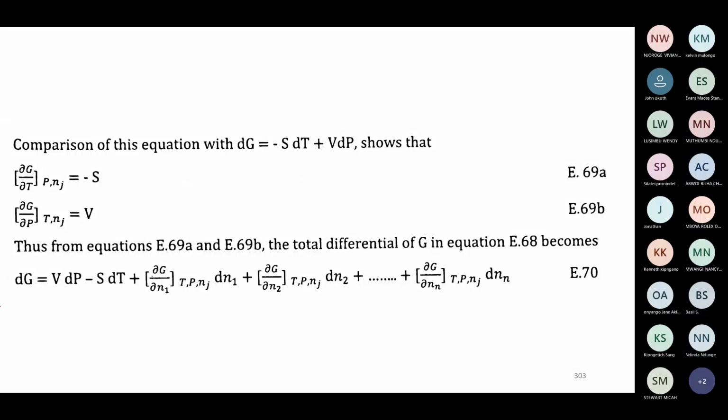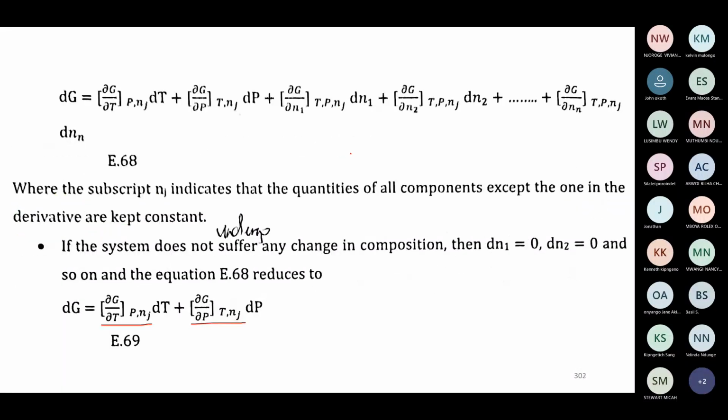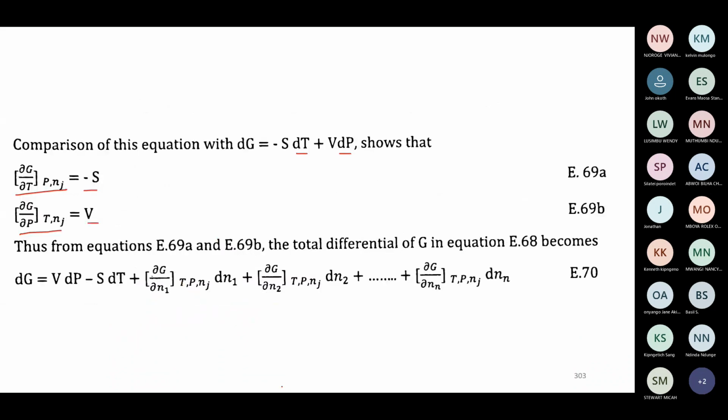So this would be equal to minus s, and this one will be equal to v. Okay, so we are just looking at the fact that they are multiplied by dt and dp. Then we say these would be equal to the other coefficients of the original expression for the change in g.